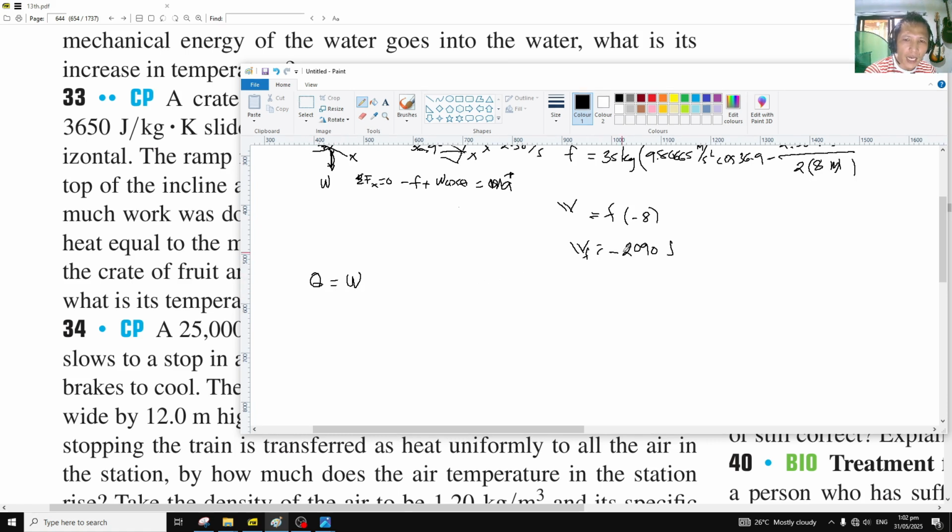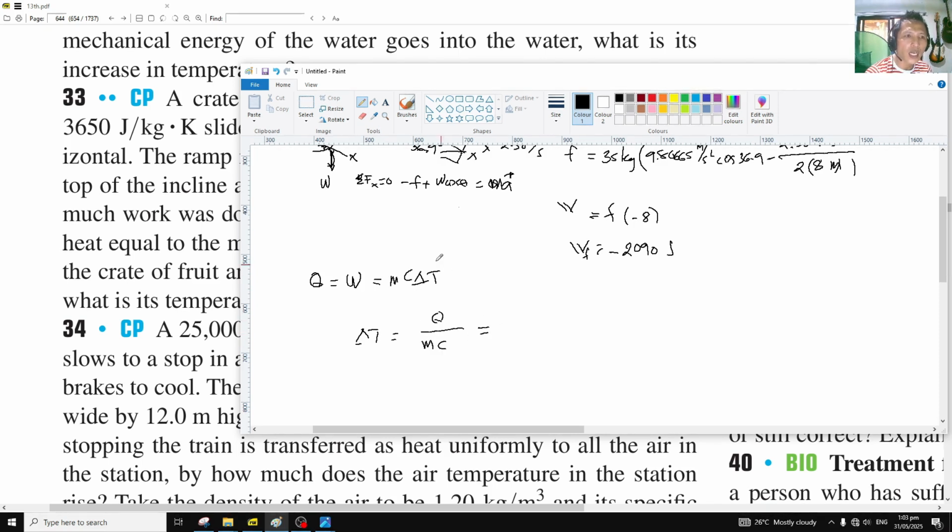But this negative will be removed because it is all absorbed. Again, this negative is just saying that this work is going to the left. But if that work is in terms of heat, so in terms of absorption, you can take it as positive. So Q is equal to W, which is equal to MC delta T. Now, we compute the delta T. Delta T is just equal to Q all over MC.